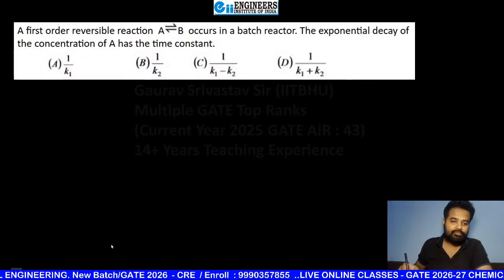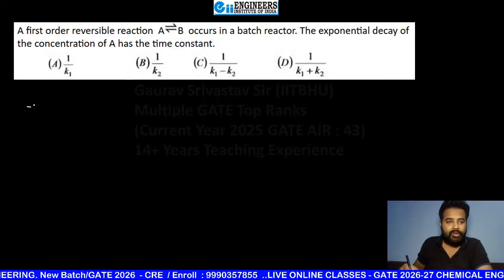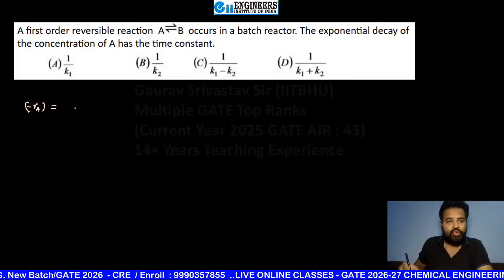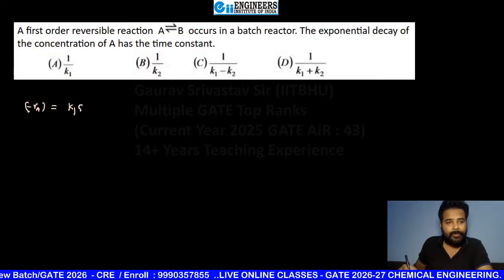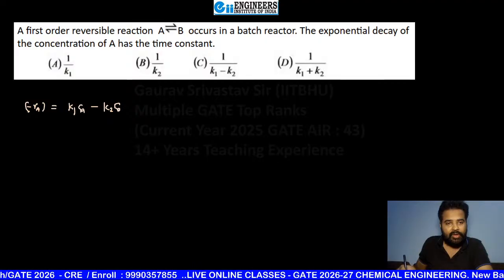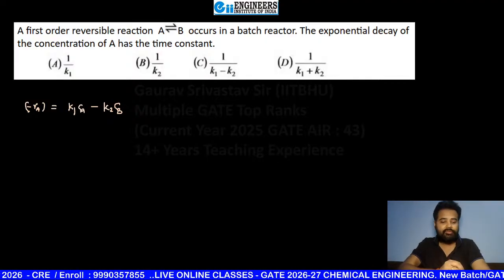Okay, like here again, if I want to write the rate of disappearance of A, then you can write K1 Ca minus K2 Cb. Am I correct, my dear students? Everyone please confirm me, beta.